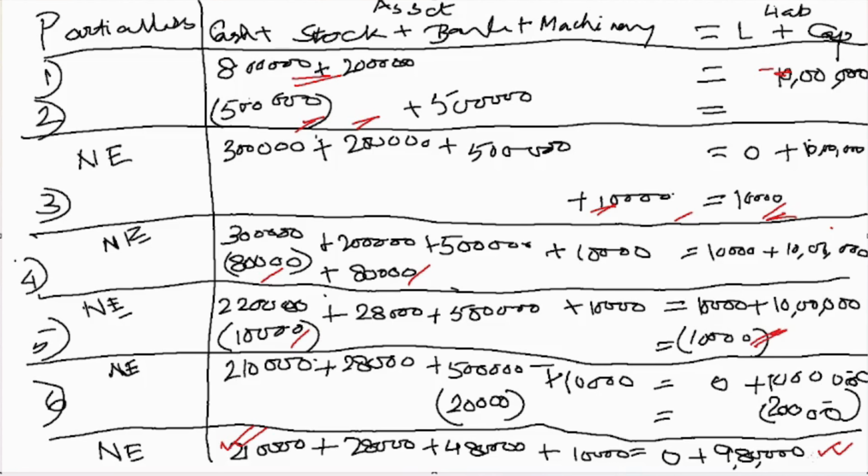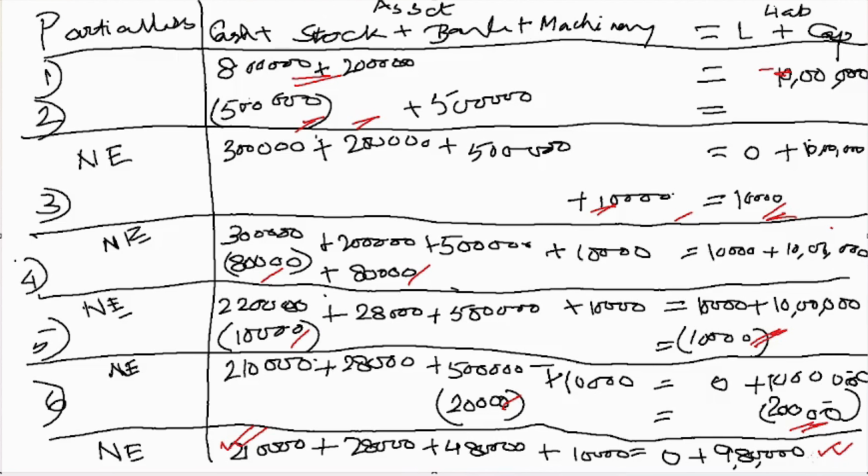So both sides get equated. And over here, see, in the sixth equation, here we have a minus 20,000, and again we have a minus 20,000 over here. So it's again equated, and obviously if this is the situation, then the new equation, the final equation, will get balanced.